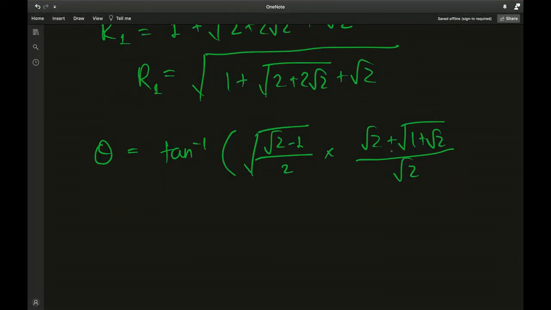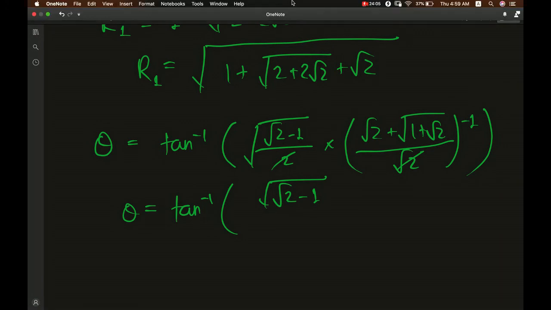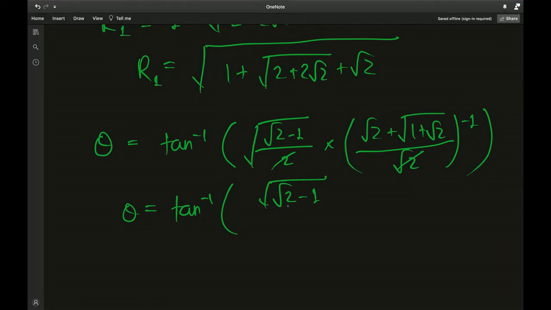The root 2's will cancel out certainly. So we have the inverse tangent of square root of (square root 2 minus 1), and you then divide by square root of (1 plus square root 2) plus square root 2.